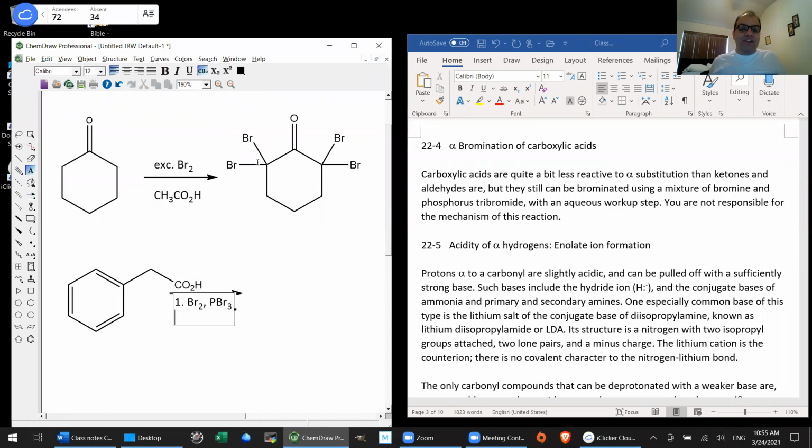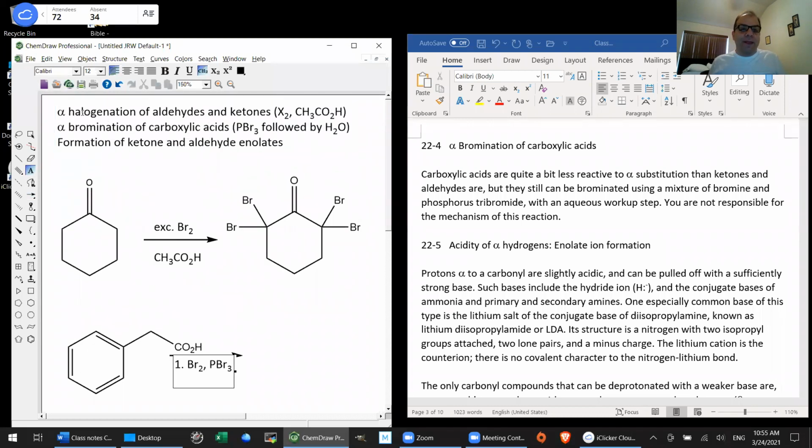And I should mention, as I did in the heading up here, I'm not aware of any way to chlorinate or iodinate in the alpha position. I believe this can only be done with bromine and phosphorus tribromide. In other words, not iodine and phosphorus triiodide or chlorine and phosphorus trichloride. My understanding is this has to be bromine.